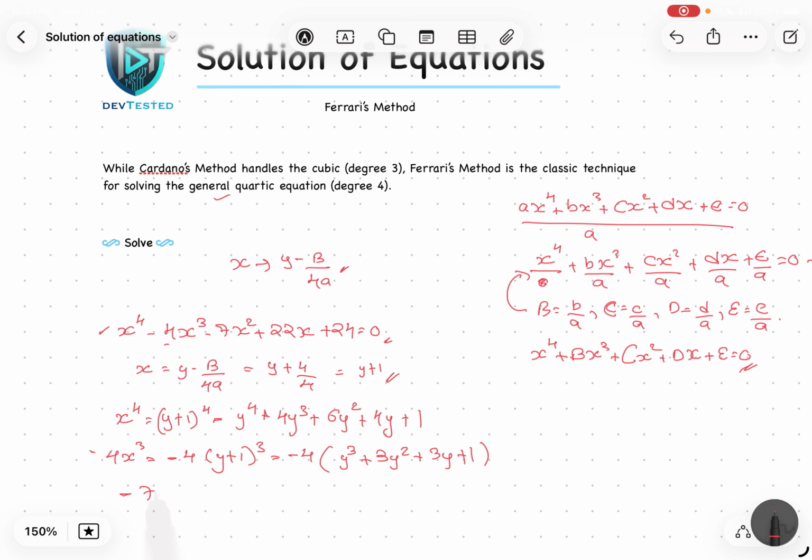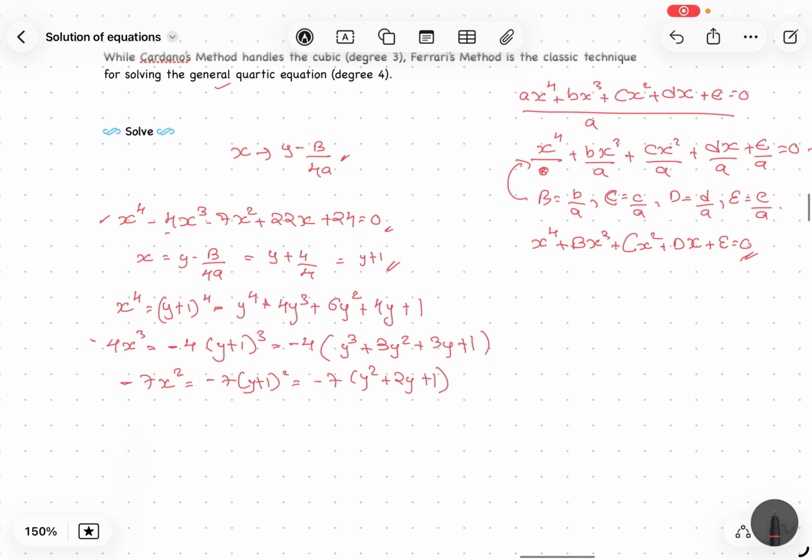And my minus 7x^2 is minus 7(y+1)^2, which is minus 7(y^2 + 2y + 1). And my 22x is equal to 22(y+1). And my 24 remains as constant.